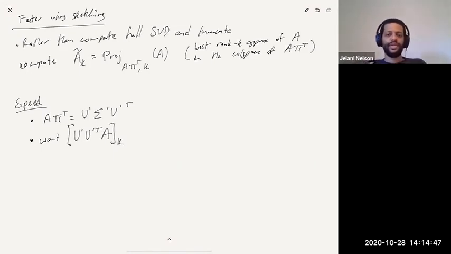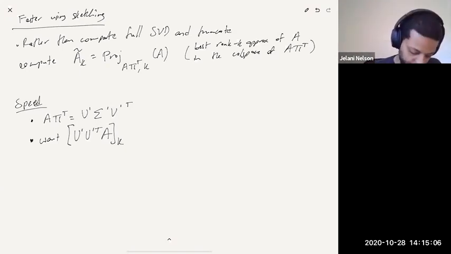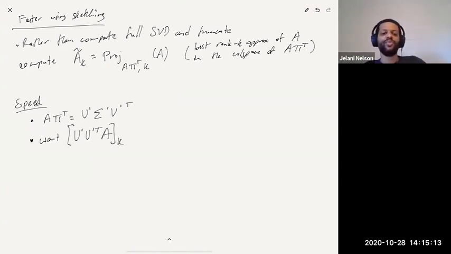Okay. And what is this? Remember, we already know that to get the best rank K approximation to some matrix, you compute its SVD, and then you truncate singular vectors and singular values, right? So we already know that, if you write the SVD of U prime transpose A, we already know what the first matrix in the SVD is.